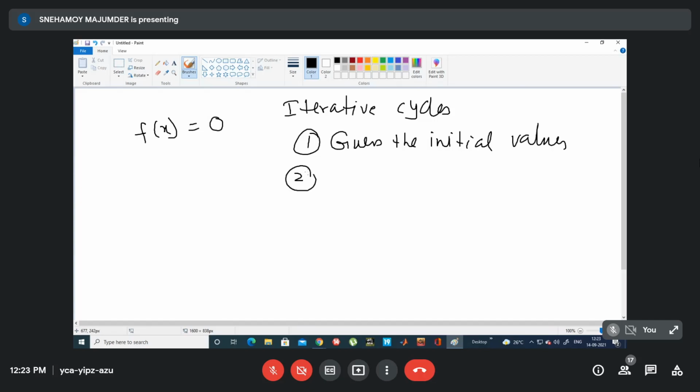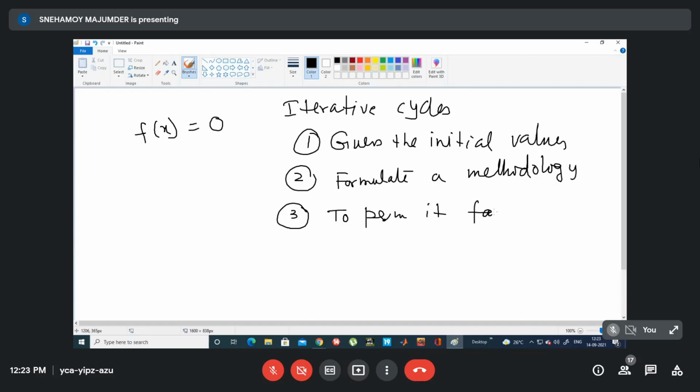Number two, I have to formulate a methodology to do so, or a solution. Number three, to perform it fast, that is, use the computer.